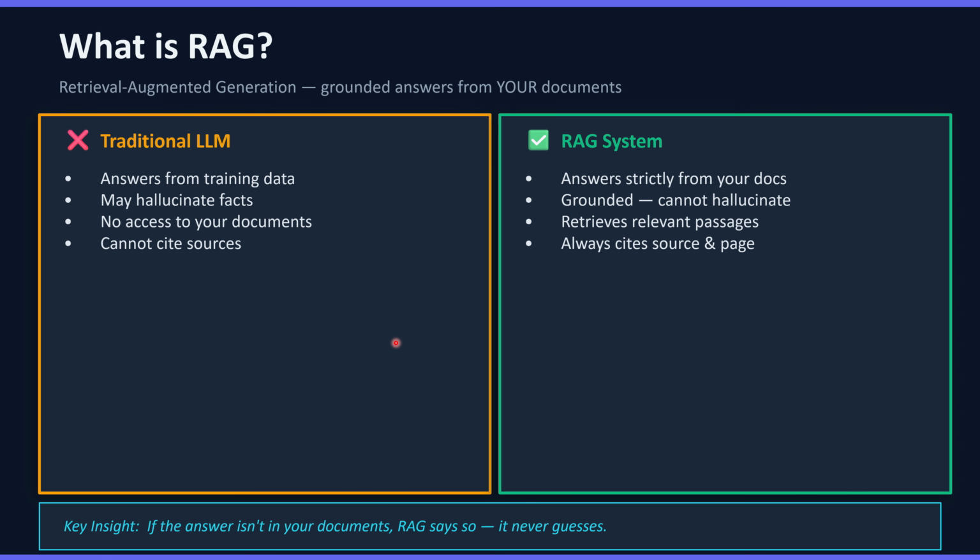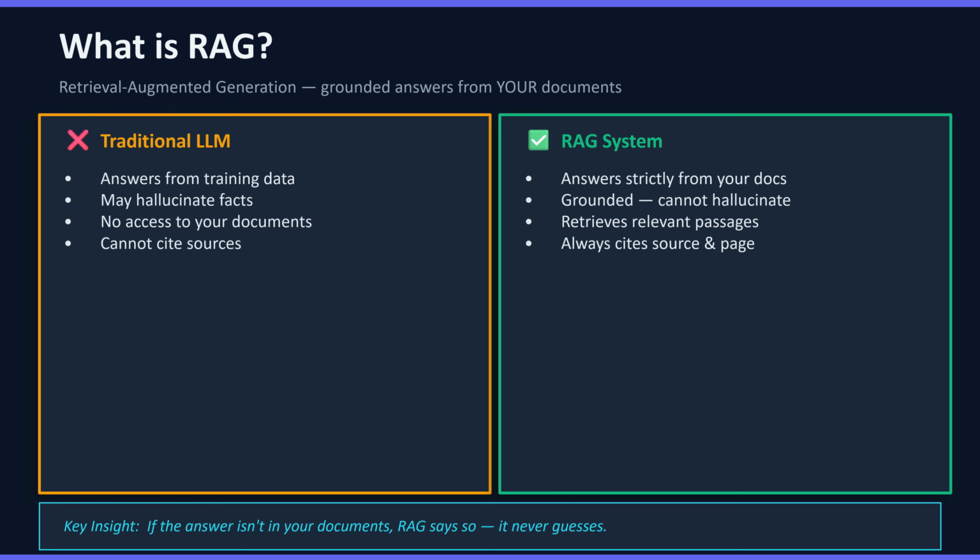Now contrast that with a RAG system. When you ask that same question, the system first retrieves the relevant passages from your actual company manual, then feeds those passages to the LLM along with your question. The LLM reads those passages and generates an answer grounded in your real document, and it tells you exactly which page that answer came from.